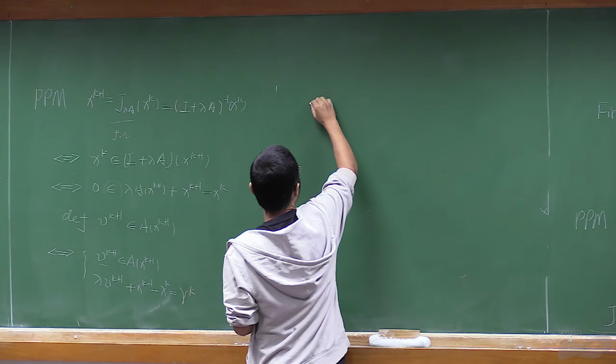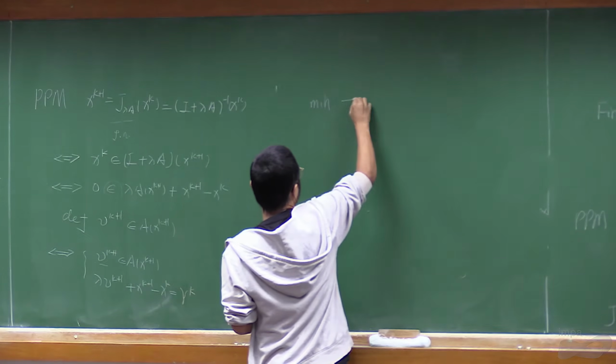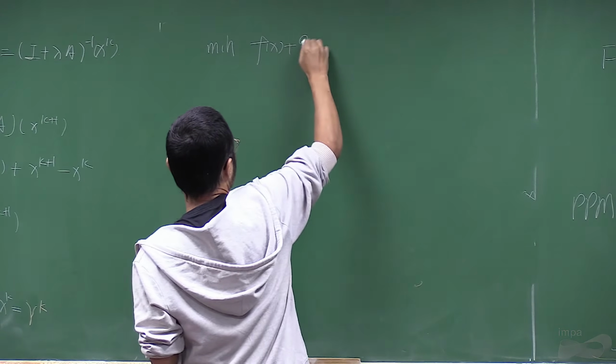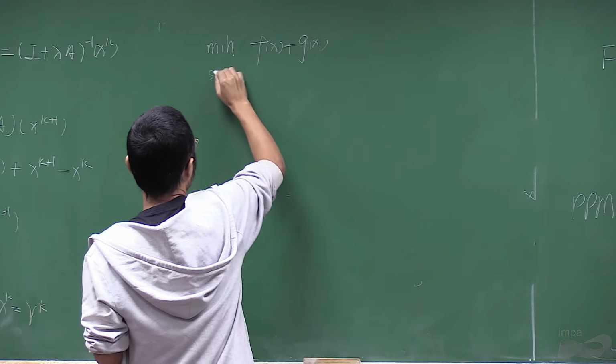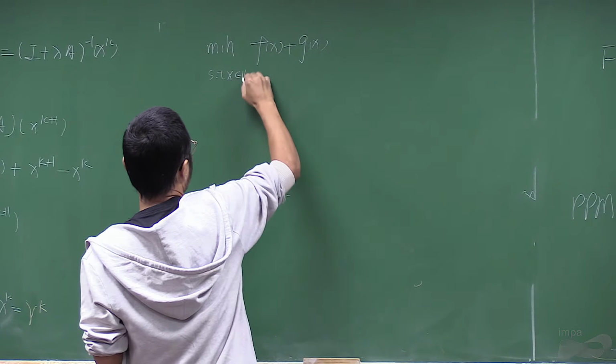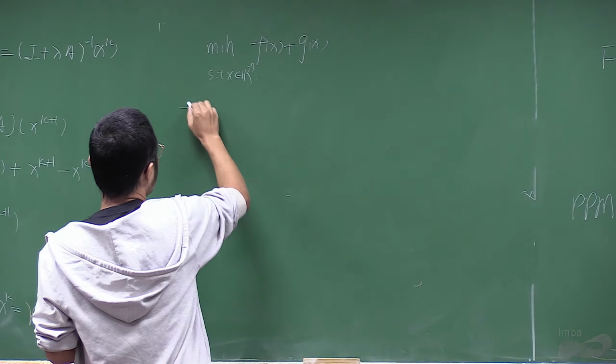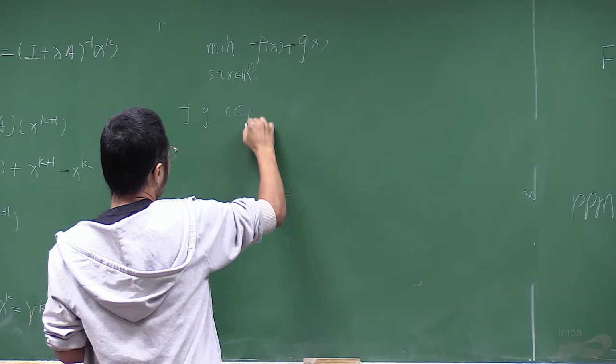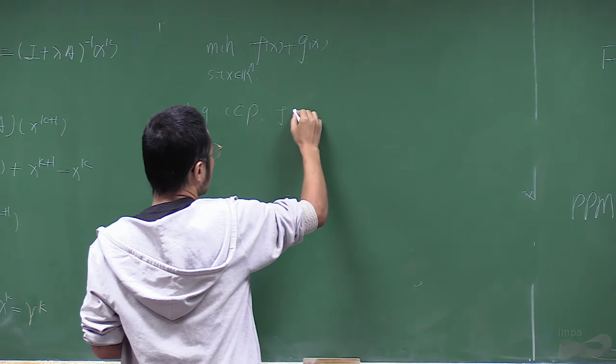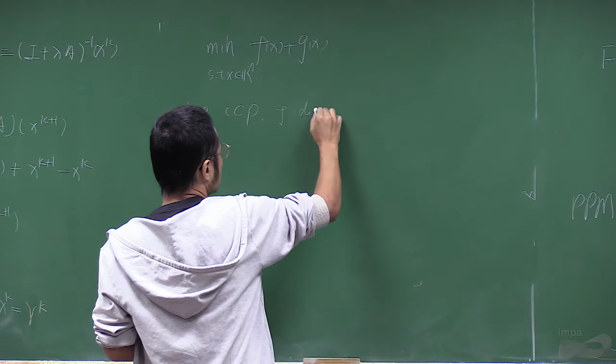So the problem is minimize f(x) plus g(x) such that x belongs to R^n. Here we assume that f and g are CCP, and f is differentiable.